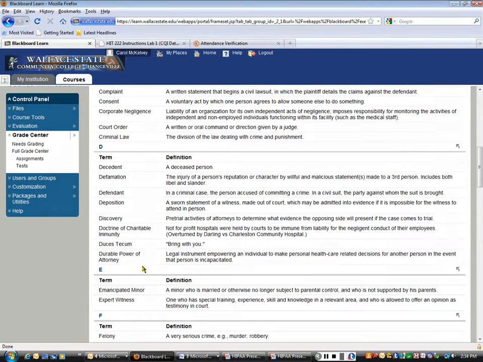Okay, an emancipated minor. We've talked about an emancipated minor before. This is a minor who is married or otherwise no longer subject to parental control and who is not supported by his parents.